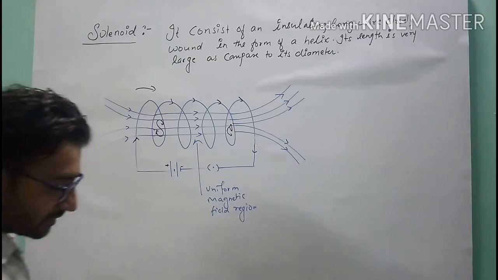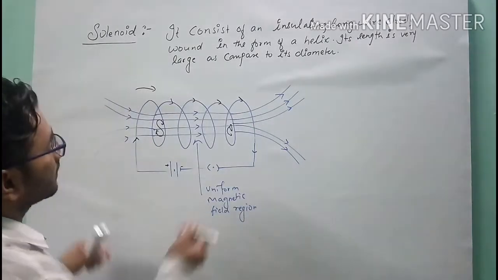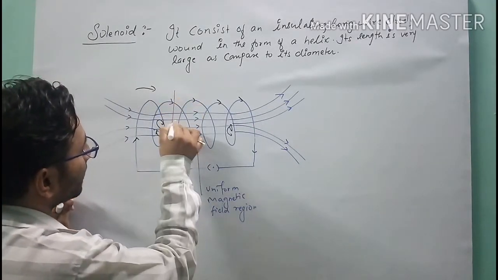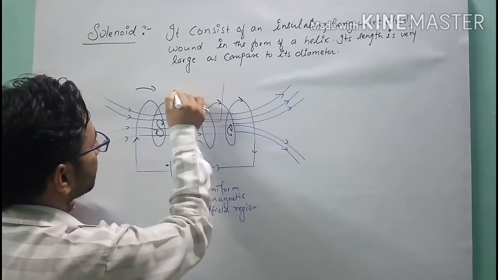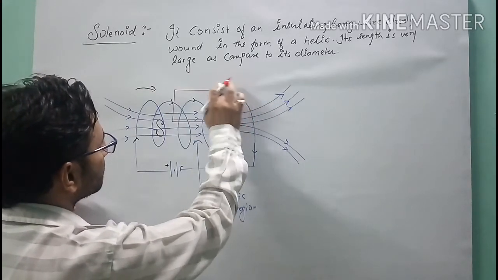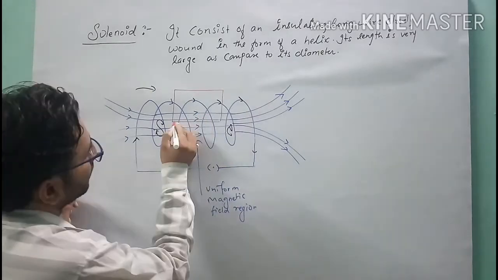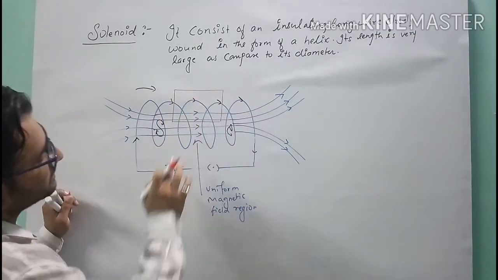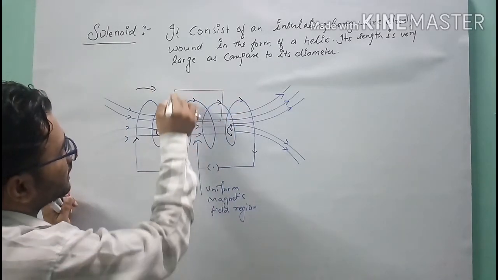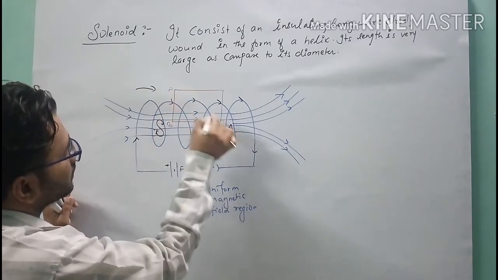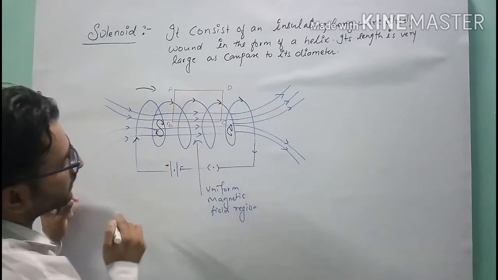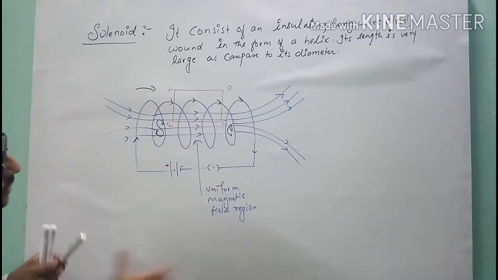So we will consider a current carrying solenoid. Now see students, this red color represents the Amperian loop. With that we will calculate the magnetic field due to this current carrying solenoid.